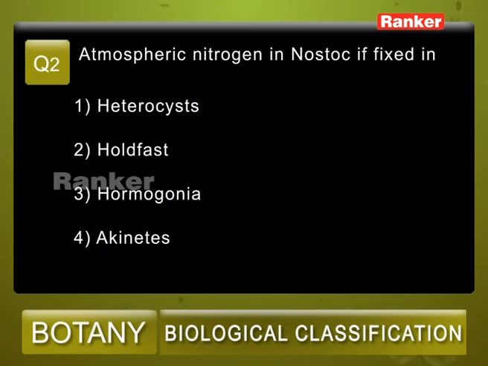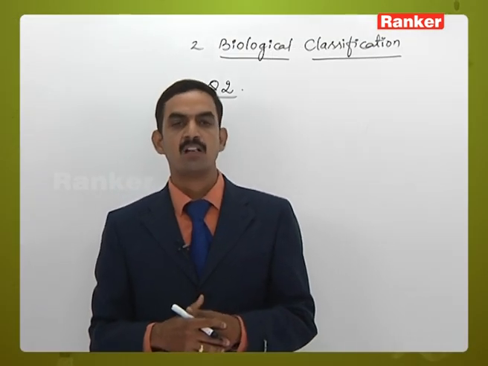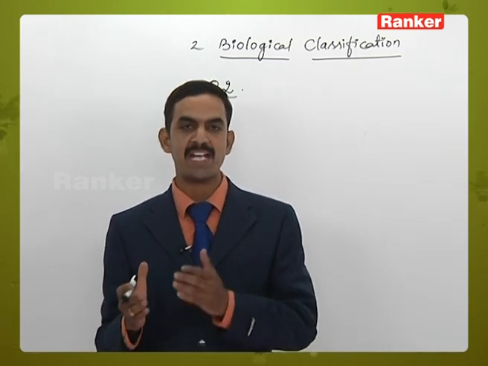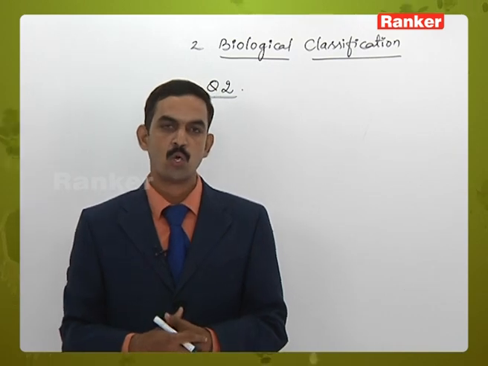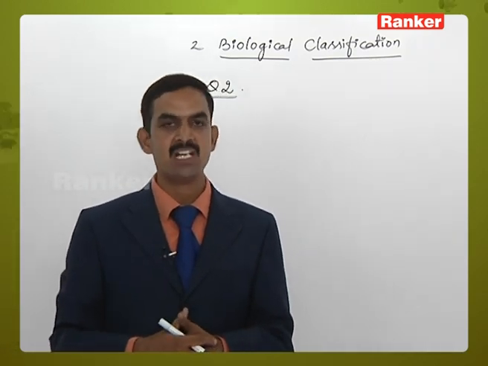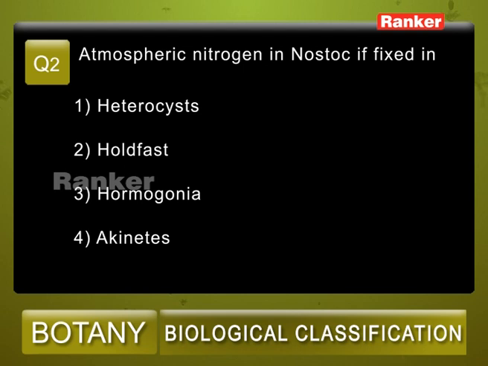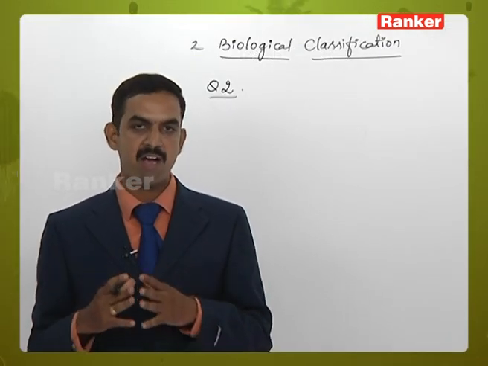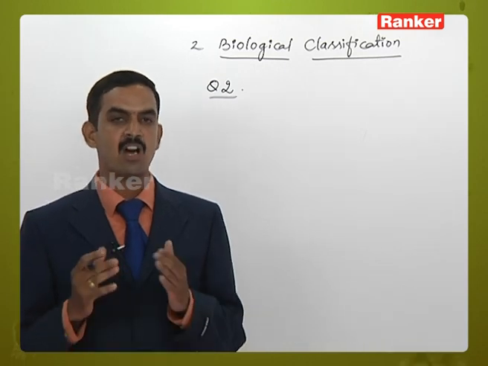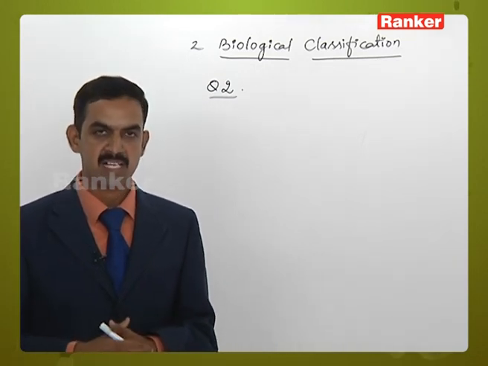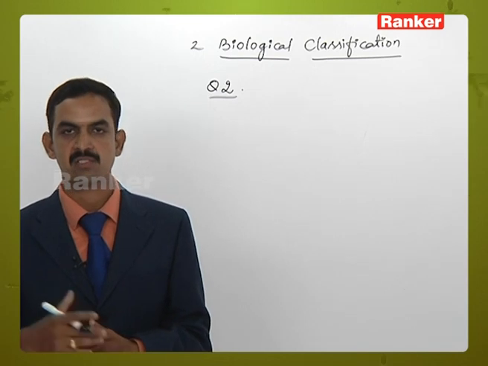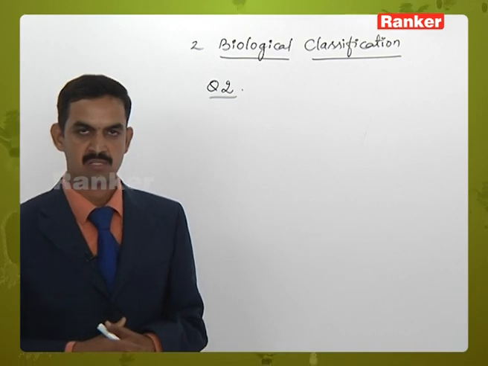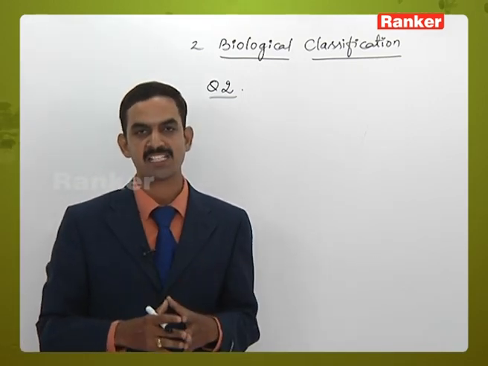Third one, hormogonia. Hormogonia is a reproductive structure, or we can say a group of cells separated from the parent cell to grow into an individual organism in algal members. Akinetes are also asexual structures, where under unfavorable conditions they are retained in the form of akinetes, and under favorable conditions these akinetes germinate and give rise to a new organism of the same species.